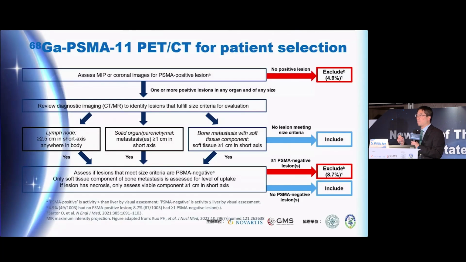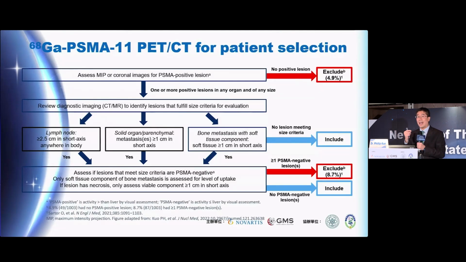One of the most important things that FDG PET does for you when you're selecting a patient for metastatic castrate-resistant prostate cancer is to identify the most aggressive lesions. Aggressive lesions will have high FDG uptake in general. And those are the most important lesions that you want to make sure have high PSMA uptake.